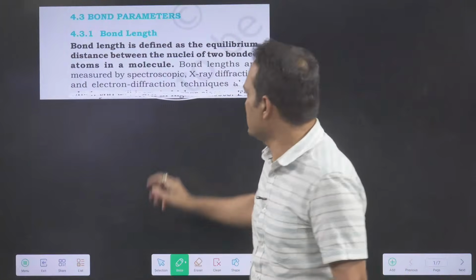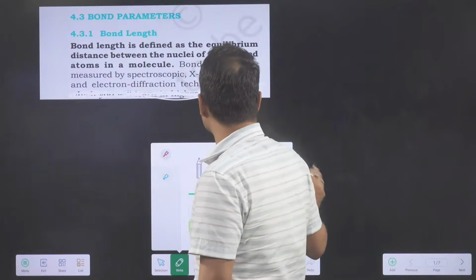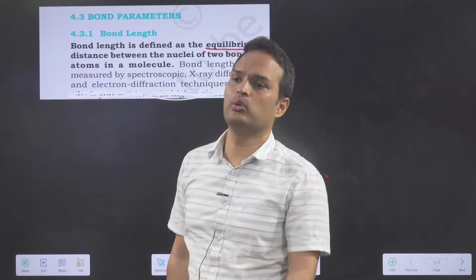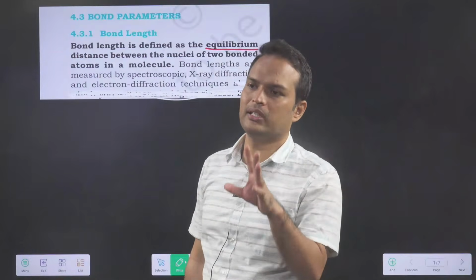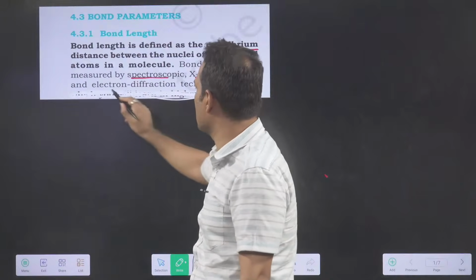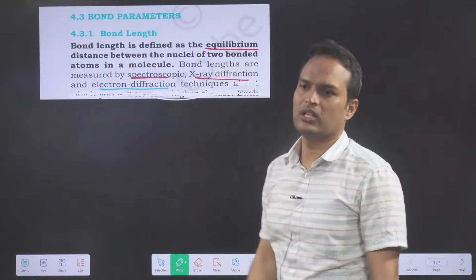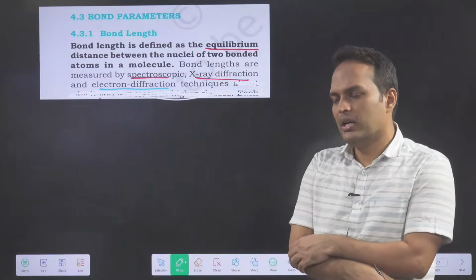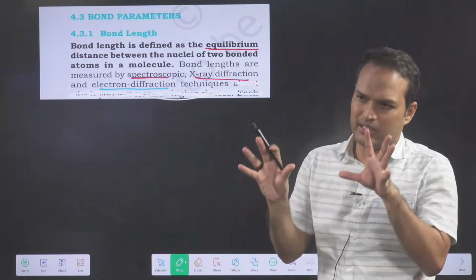So the simple point is that you have to keep in mind the equilibrium internuclear distance. And how can we measure it? Spectroscopy, X-ray diffraction and electron diffraction. That's it. So now everyone understood bond length, and that I should take the same atom.